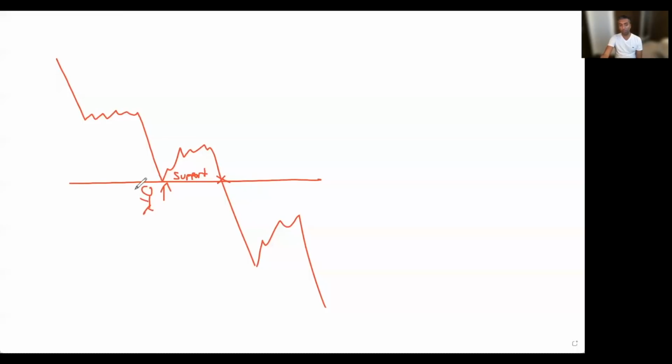Someone is supporting this area and pushing it up. Oh, sorry, that looks like a bat now. But when that thing breaks and goes down, they then say support is now equal to resistance, which means anytime the prices come up, this area should push it back away. So far so good? Does that make sense?